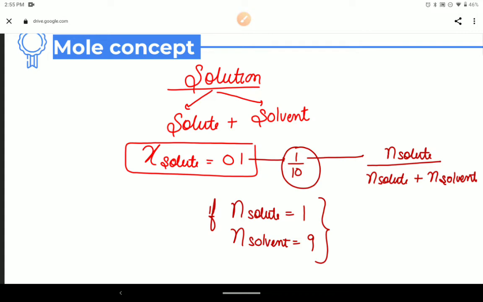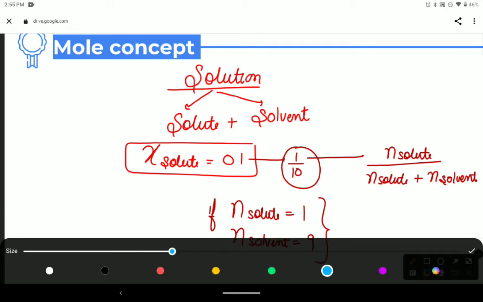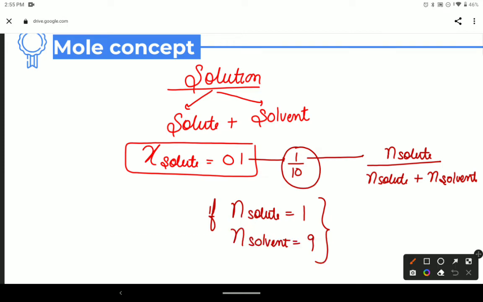Suppose you took a solution, it has solute and solvent. We were given that the mole fraction of solute is 0.1. By this you should be calculating the number of moles of solute and solvent. See, chi of solute is given as 0.1, which is nothing but 1 by 10.